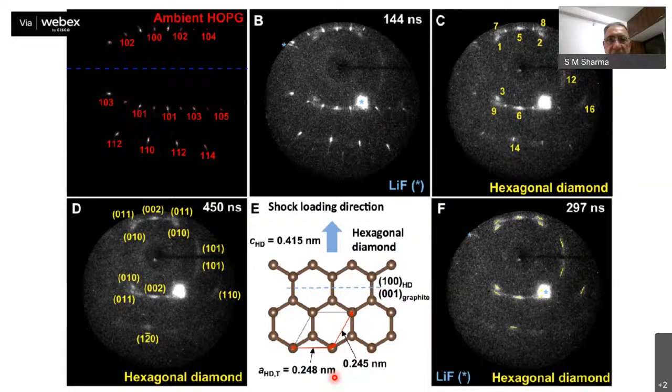So obviously there is an alternative mechanism, and that is a theoretical challenge to the people who want to work on this. To the best of our knowledge, so far nobody has done it theoretically. I understand that some people have undertaken this, but so far no successful result has come in which the shock was launched along the C axis of the graphite to show how the hexagonal diamond really emerges.